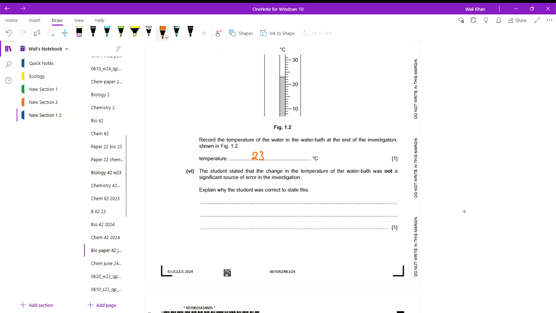The student was correct because the change in temperature will affect all the test tubes in the water bath equally.